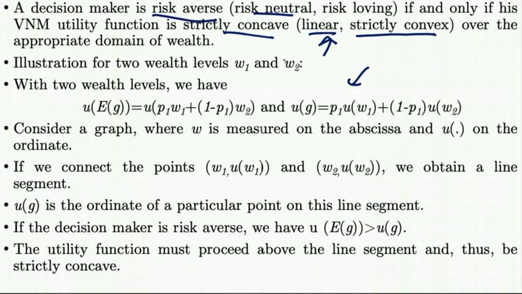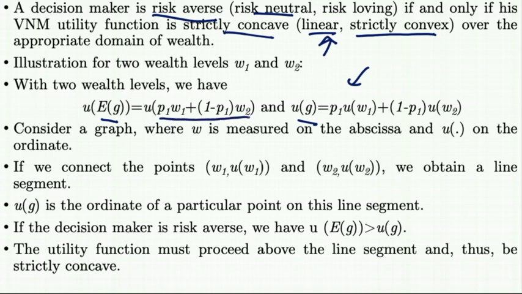Alright, now we're going to use all of these to show the point in the form of graphs. So let's say we have 2 different types of wealth levels, W1 and W2. If we put it in the form of utility, we can have UEG here, the utility of the expected value of a gamble, which is equivalent to utility of this.